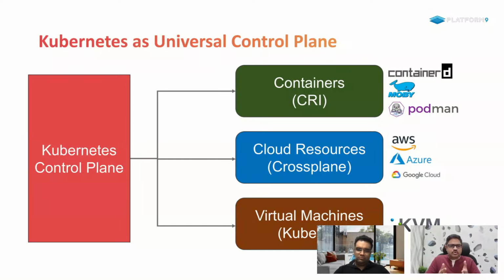So Kubernetes was originally designed to orchestrate containers. And as we know, there are certain standards that have been defined. For example, the container runtime interface, or the CRI, has been the core layer that enables Kubernetes to deal with containers.